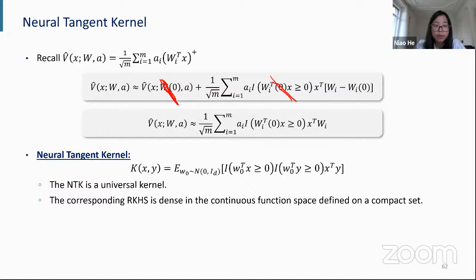That is more or less the essence of why we use this type of initialization. This may look a little bit complicated, but for the neural tangent kernel you can actually compute the closed-form kernel, which is given by some arc cosine functions.